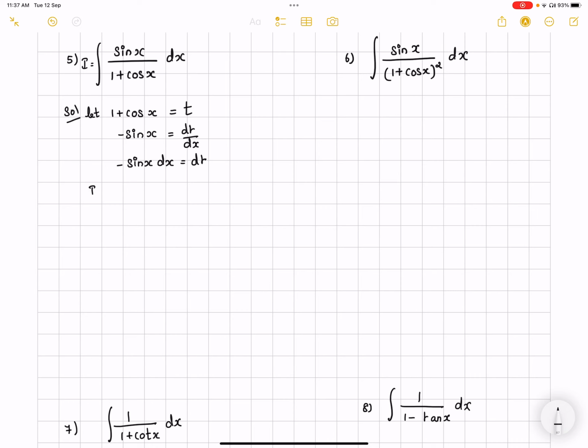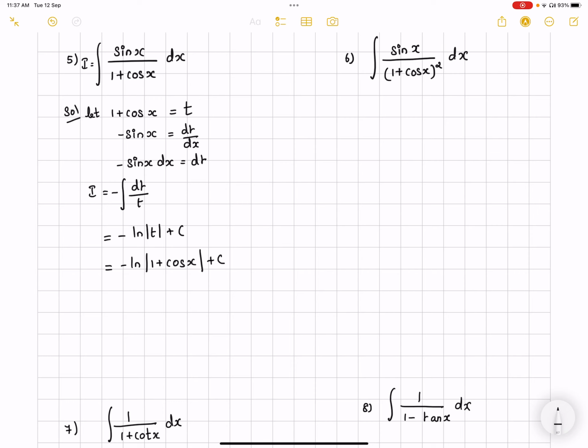So let's do the change. Here, with the substitution, I would be getting minus dt divided by t, which is equal to minus ln of mod t plus c. What is your t actually? Replace it back. It is going to be minus ln of mod 1 plus cos x, plus c. That's it. Okay, now let's go with the next problem.